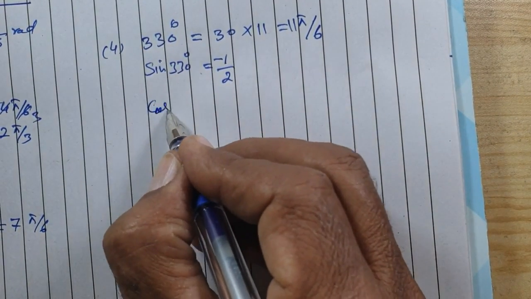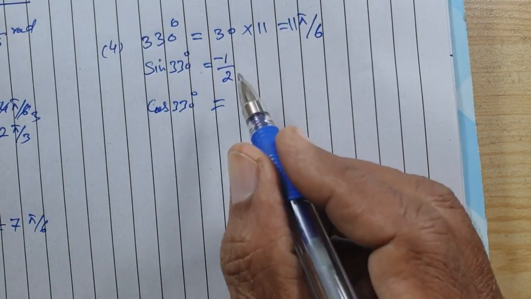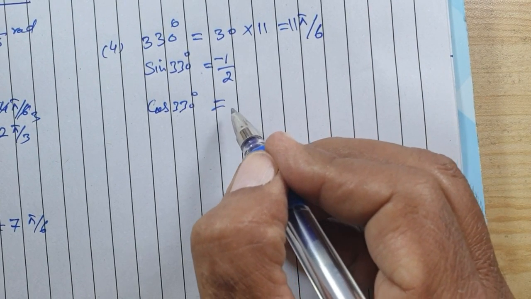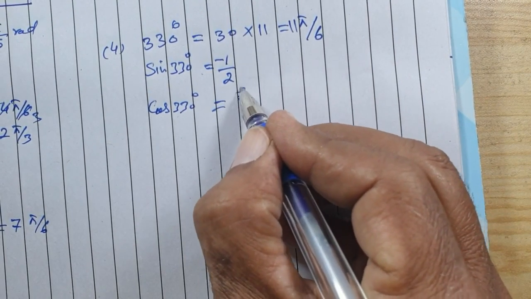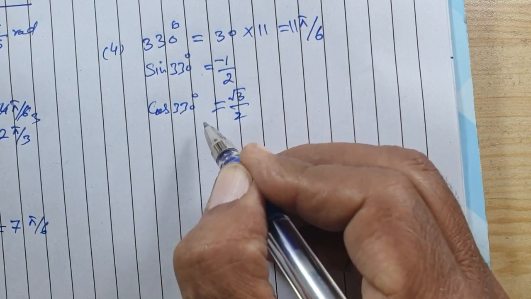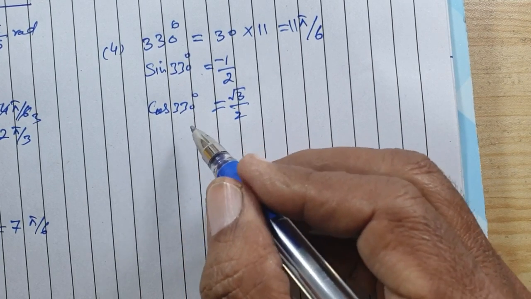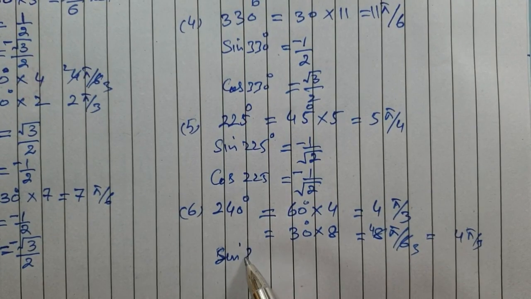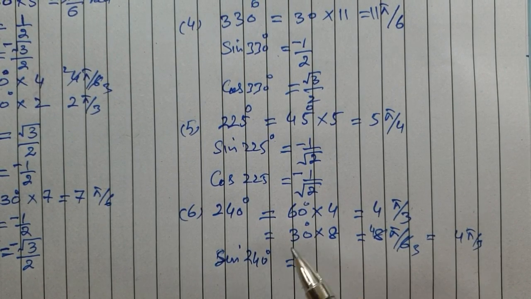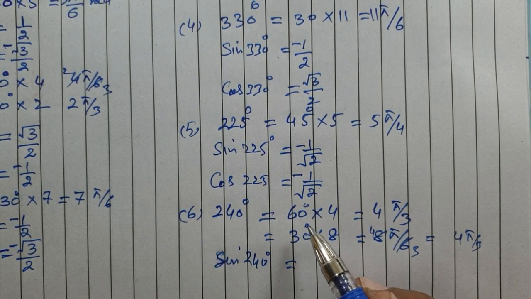For cos 330 degree, the value is for 30 degree, and cos 30 is under root 3 by 2. It will be positive because it is the fourth quadrant, and in the fourth quadrant cos is positive. For sine 240 degree, its value is of 60 degree.